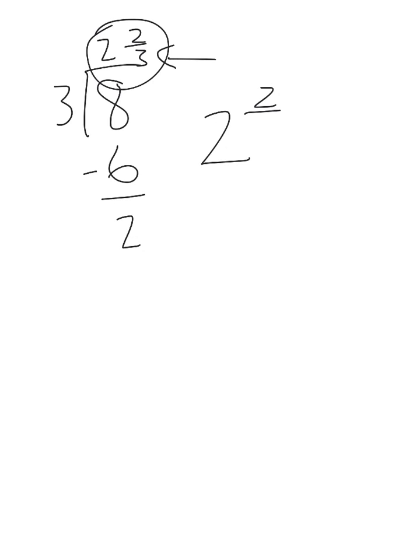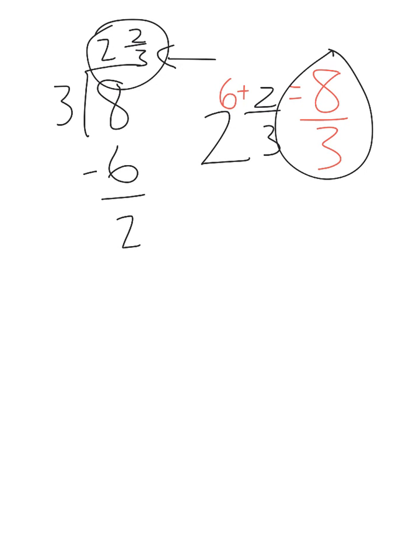And then we take that 6 and add it to this 2 up here. 6 plus 2 equals 8, and we keep our same denominator. So our multiplicative constant is 8/3, and 8/3 is the same thing as 2 and 2/3. So let's take our 8/3 and multiply it by our x.